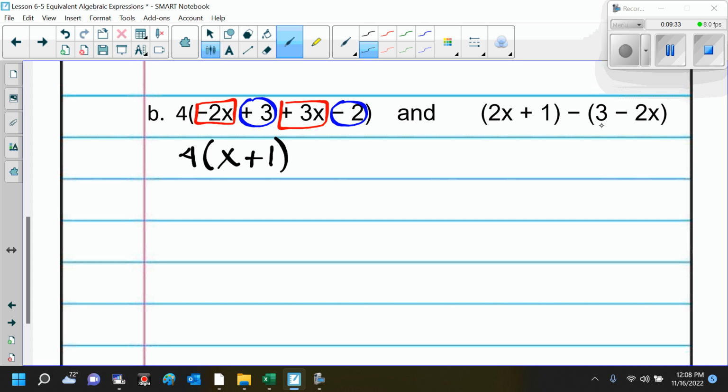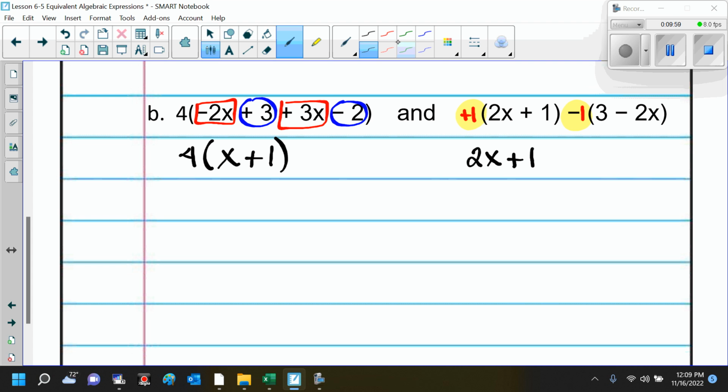All right, let's simplify this next one. So here, the first thing we can do is the distributive property. Now, again, we're distributing a positive 1 on the first expression and a negative 1 on the second one. So for the first expression, we just have to take away the parentheses. So that's going to be 2x plus 1.